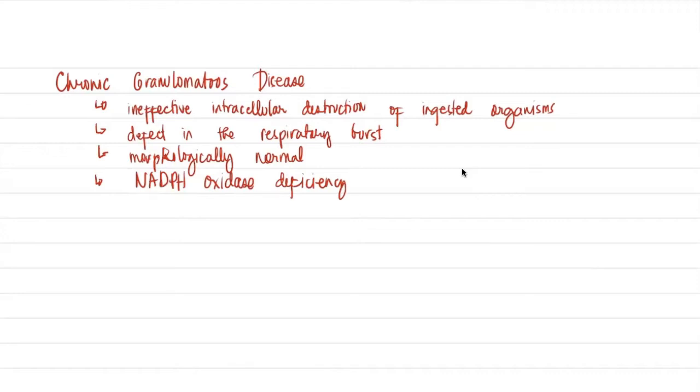So this is the enzyme that is essentially deficient in chronic granulomatous disease. And of course, because of that, our WBC cannot kill the ingested organisms. Of course, chronic granulomatous disease is characterized by severe recurrent infections.